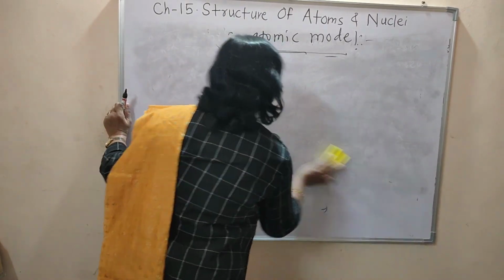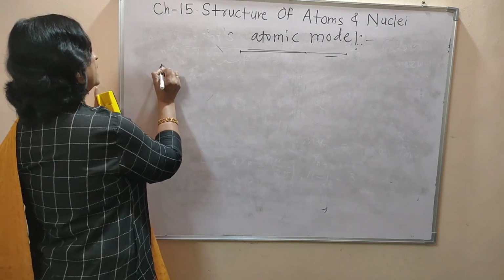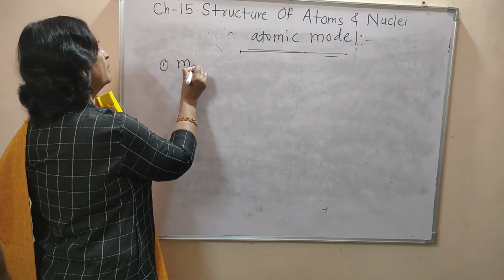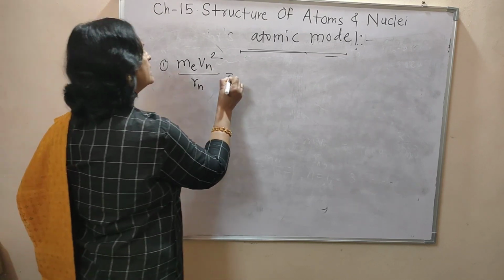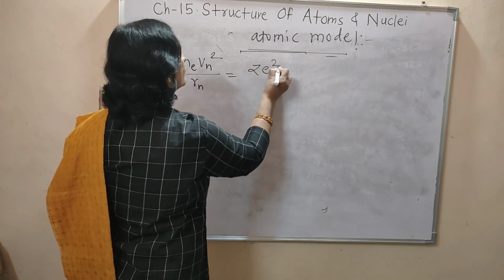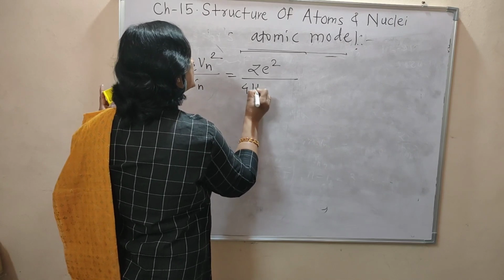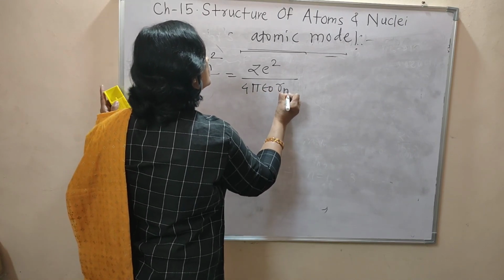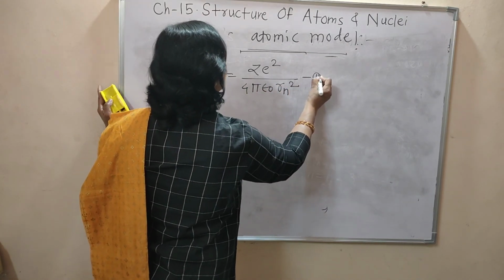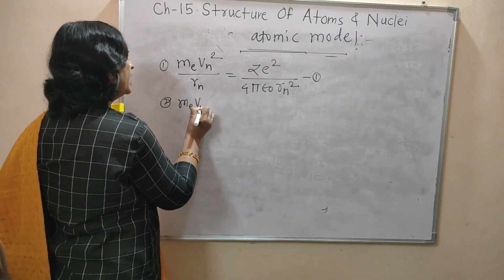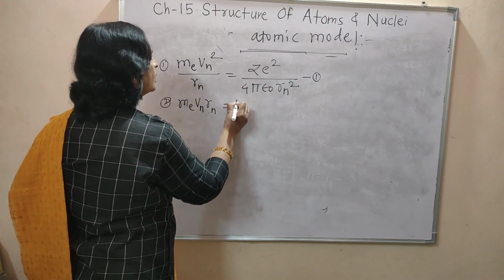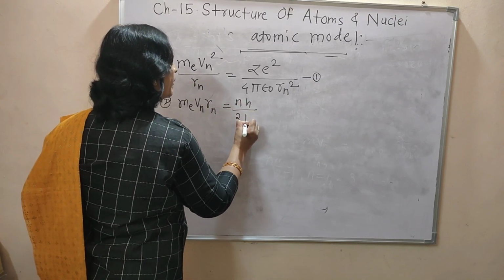Now, the first postulate is me Vn square by Rn equal to Ze square by 4 pi epsilon naught Rn square. This is the first postulate. And the second postulate: me Vn Rn is equal to nh by 2 pi.